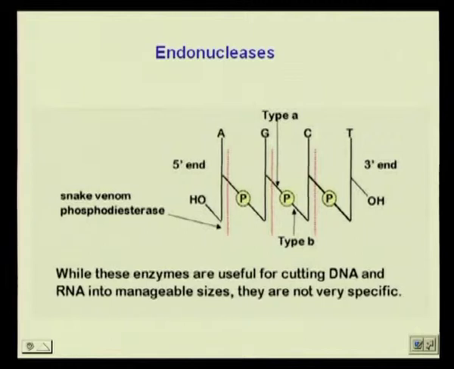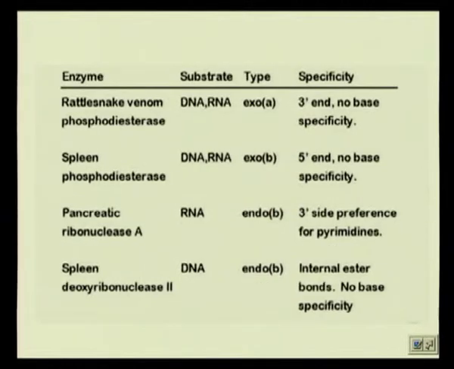Okay? There are these different types of basically nucleases. We have rattlesnake venom here, or snake venom. These are mostly nucleases. Okay? This cleaves DNA and RNA.